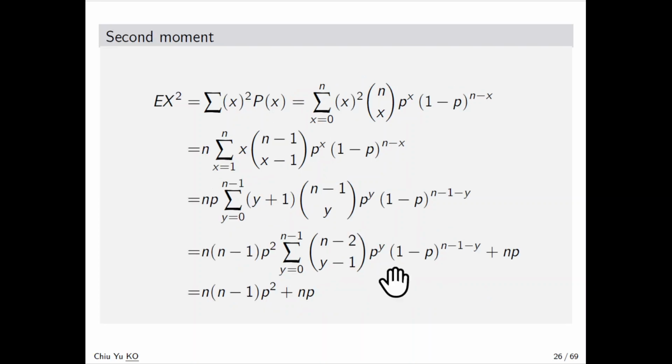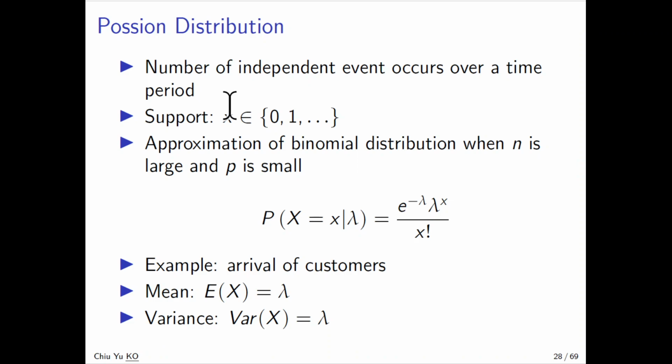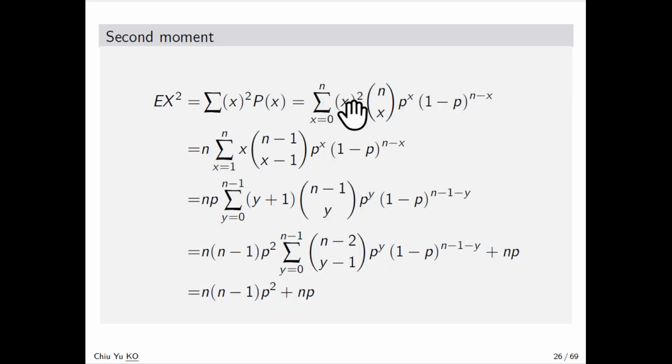To find the variance, we will use the shortcut of finding the second moment, the expectation of x squared. This is good because we will use the formula: variance equals the expectation of x squared minus the square of the expectation. Here with x squared, with the same trick, x equal to 0 is not meaningful, so you can start from 1, and we can take n out and x out. Cancel the x, and you have n times n minus 1 choose x minus 1.